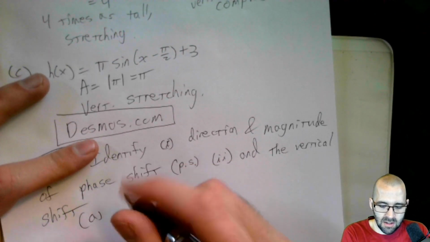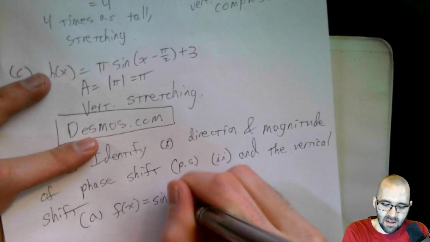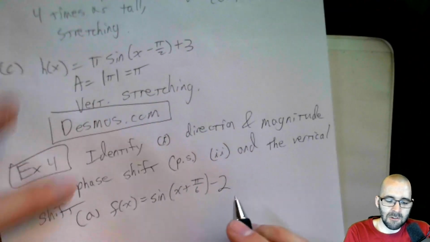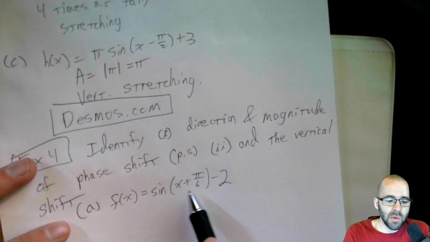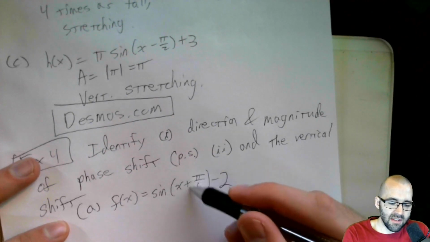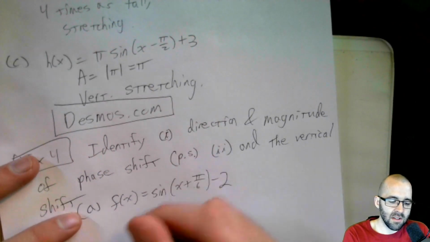Part A is f of x equals sine of x plus pi over 6 minus 2. Remember, phase shift is always opposite of what you think it's going to be. It's going to be this number divided by the coefficient of x.